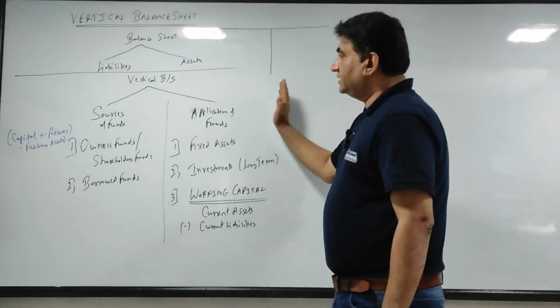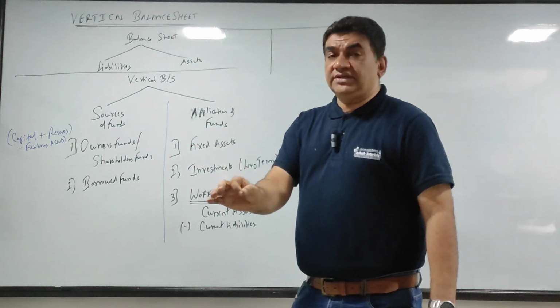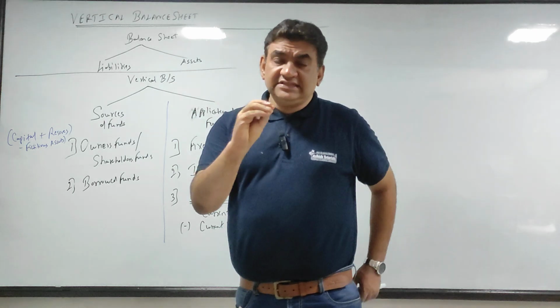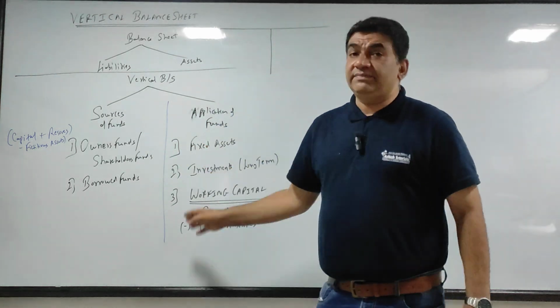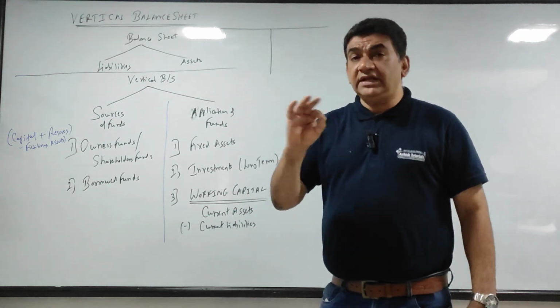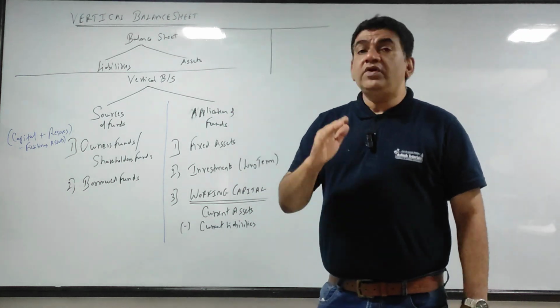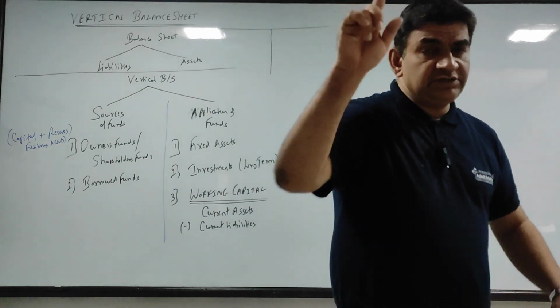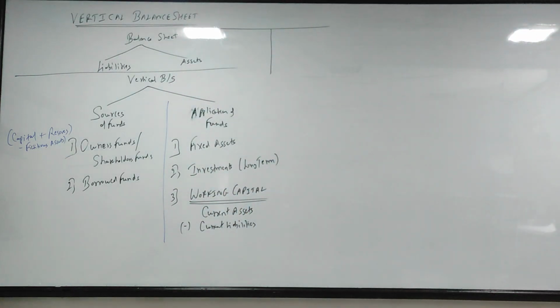Now I will take a basic question where I've kept items very simple. Understand this so you get the base of it. Remember, without knowing the working capital, without knowing the vertical format of balance sheet, you won't be able to do common size and comparative. Okay? Now I'll just prepare the format and be back.